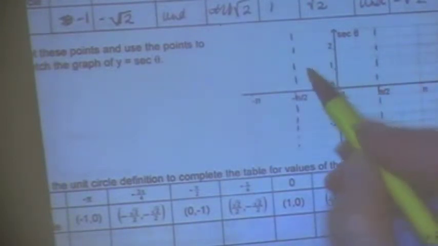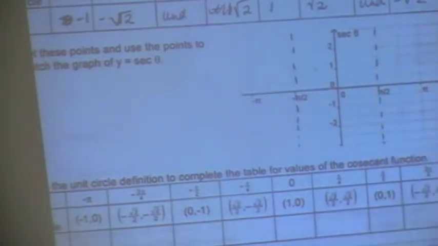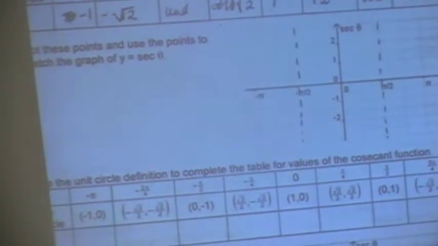Okay, so I got these. Did I just do that before? Okay, so I got asymptotes at the half pies, -half pi, and then -3/2 pi, which wasn't on the table, but it repeats itself periodically.